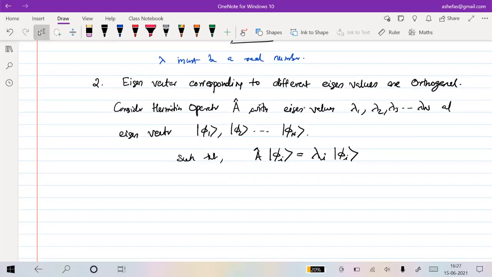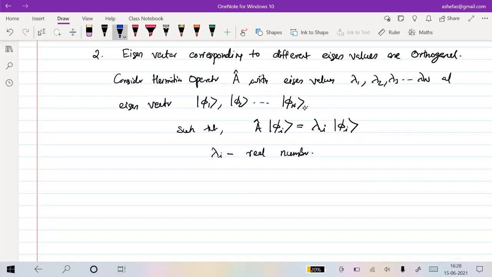Okay, now we already proved that all these lambda I are real, since A is a Hermitian operator. Now we can take some inner product between some phi I, A phi j.